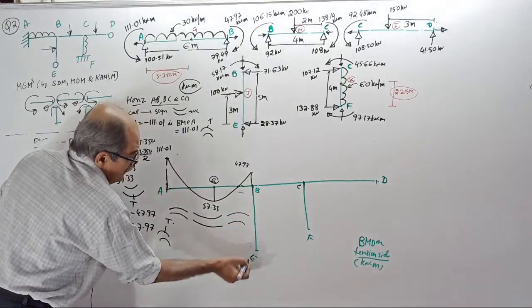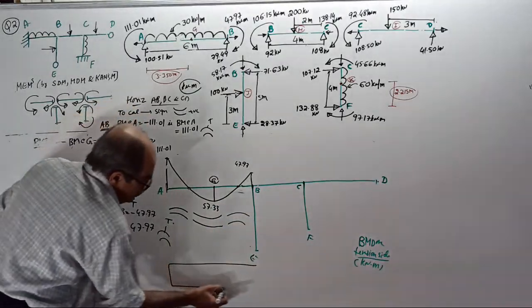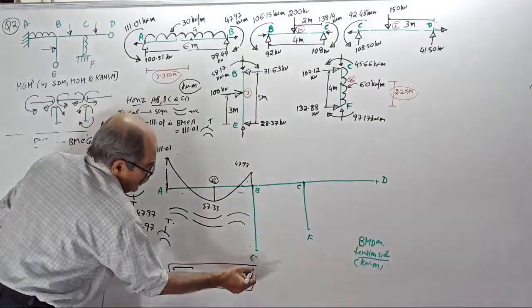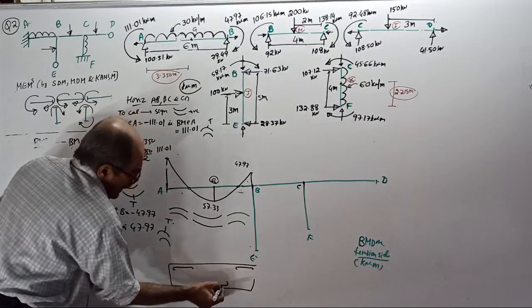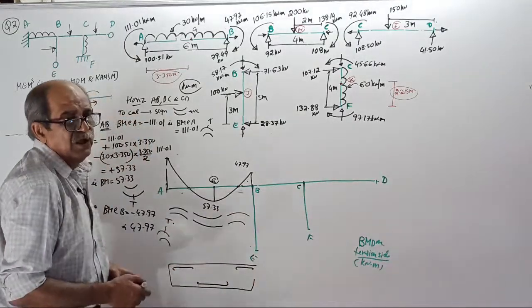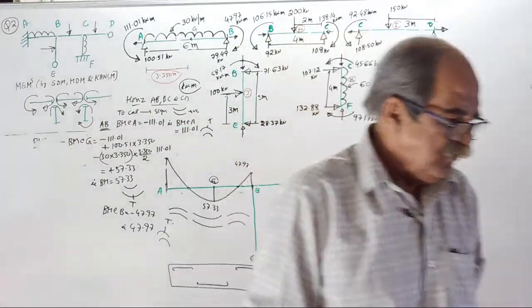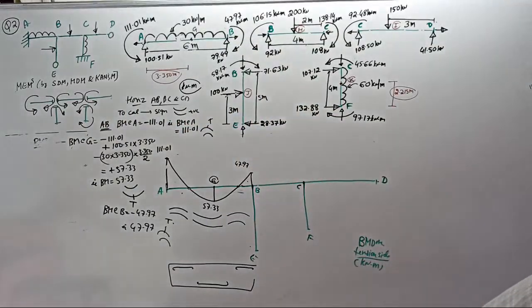Or, if it is a RCC beam, see, you require top reinforcement here, you require top reinforcement here, you require bottom reinforcement here. Fully clear? These are all beyond our subject limit. If it is a RCC beam, fully clear? This is the concept of BMD on tension side.